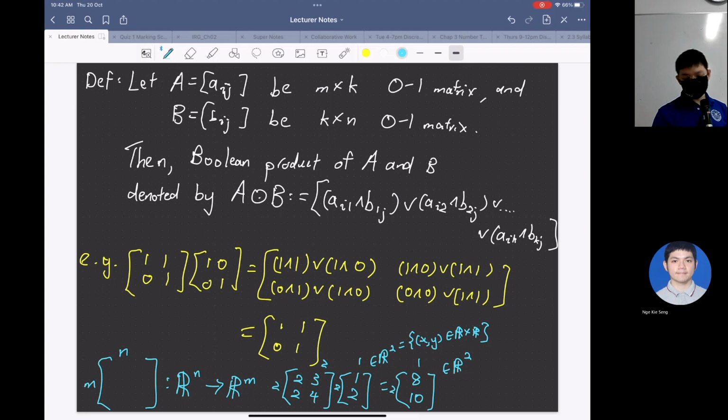It's like you process two equations together. So this is the advantage of matrices: you can do the computation in one go.